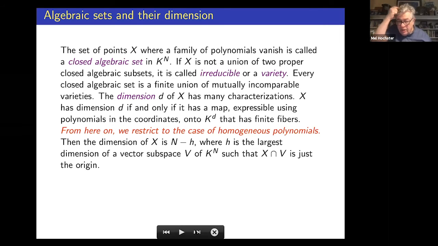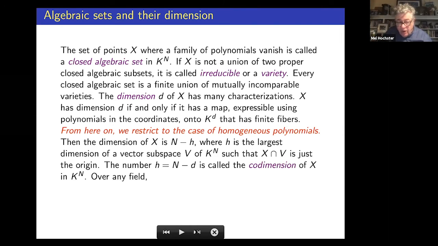So it's the number of hyperplanes you have to intersect with X until you cut the dimension down to 0. And this number h is called the codimension. So the dimension and the codimension add up to the number of variables, or the dimension of K^n.